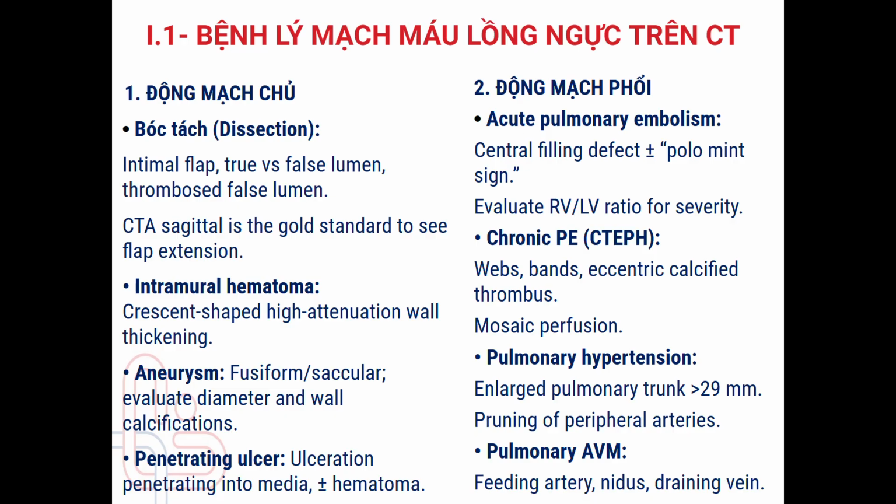The study also reveals right heart strain indicators such as RV/LV ratio greater than 1.0 and dilation of the main pulmonary artery.